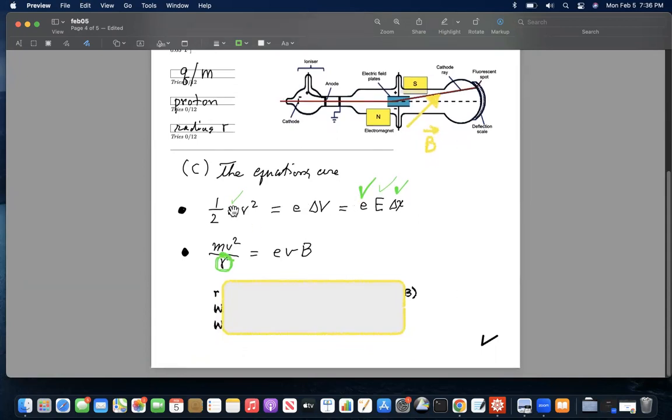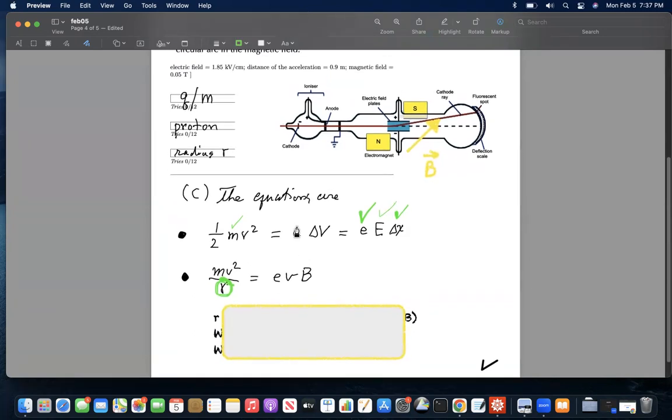By the way, you notice that in this equation, it doesn't depend on M and E separately. It only depends on the ratio, E divided by M. And in this equation, it doesn't depend on E and M separately. It only depends on the ratio, E divided by M. So the result here, R, will be determined by the ratio, E divided by M. Thomson was not able to determine E separately, nor M separately.